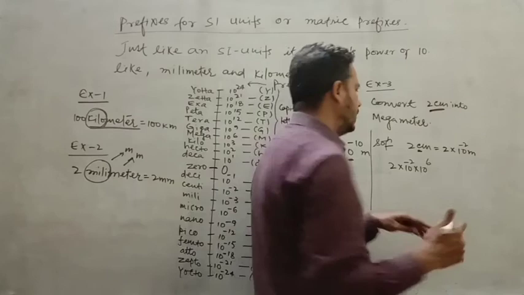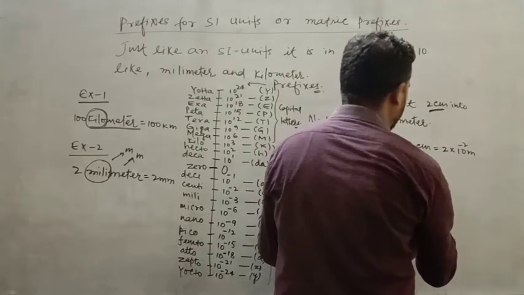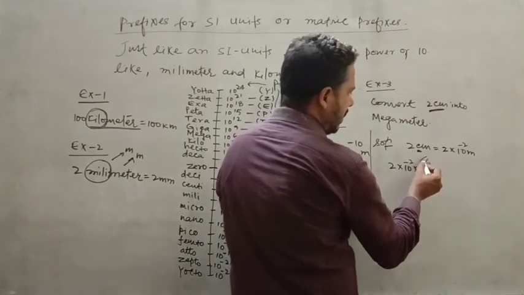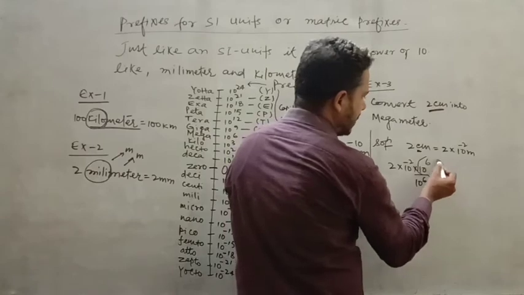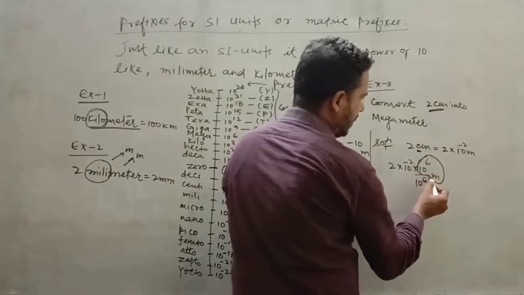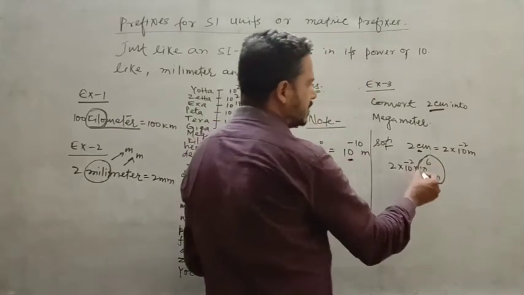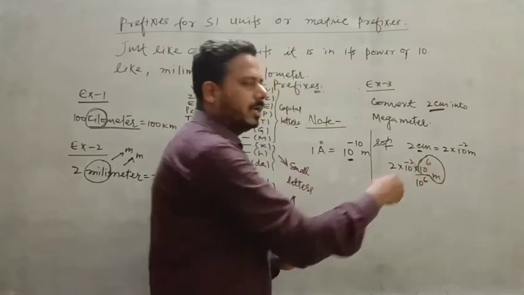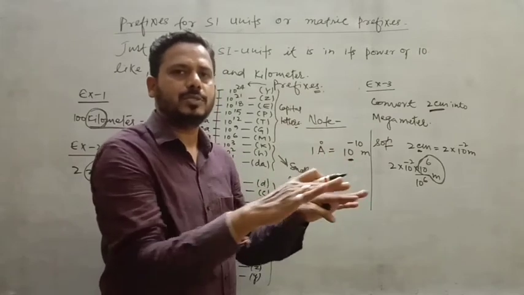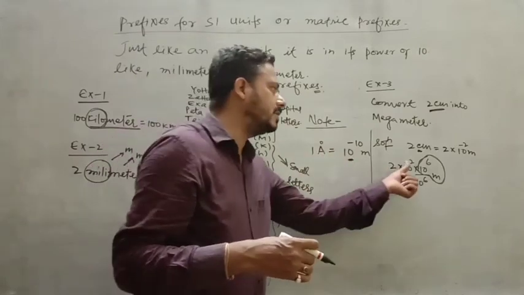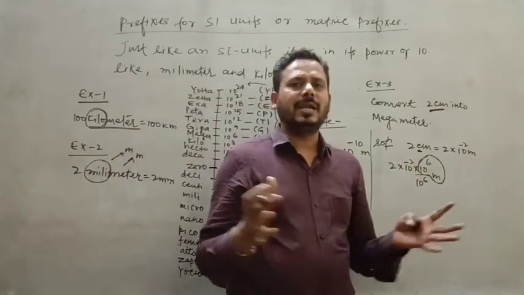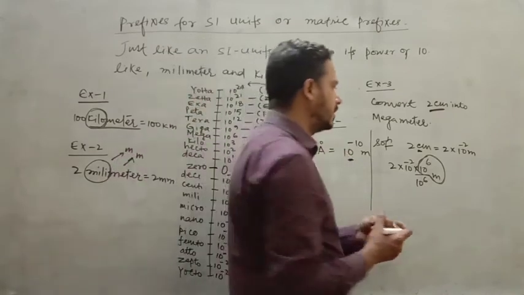So this one is also divided by 10 raised to 6, and now meter will be there. See, 10 raised to 6 is mega, and this one is meter. Then 10 raised to 6 is left in the denominator. Whenever you take it to the numerator, that becomes negative, that is 10 raised to minus 6. Already you have 10 raised to minus 2. So combining 10 raised to minus 2 and 10 raised to minus 6, that becomes 10 raised to minus 8.